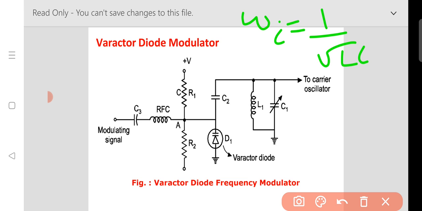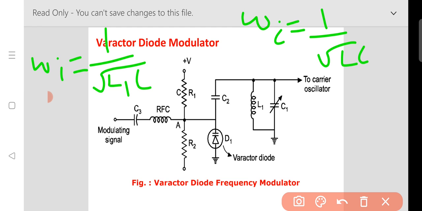Here omega C, which we indicate as omega I, means the instantaneous angular frequency. Now omega I equals 1 by root of L, where we employ L1, and C means C naught plus CD, the total capacitance.